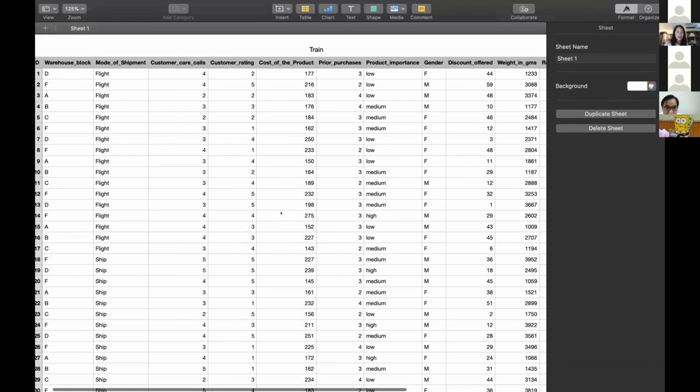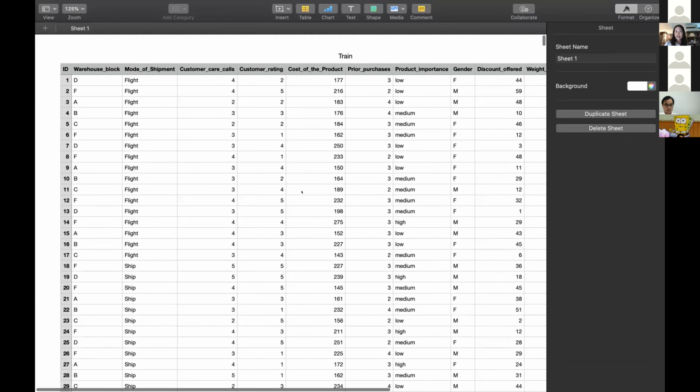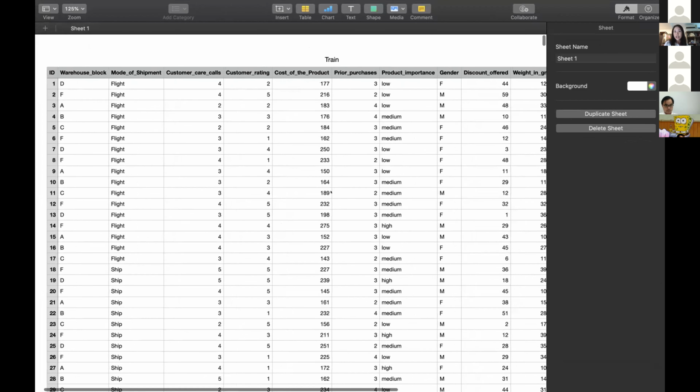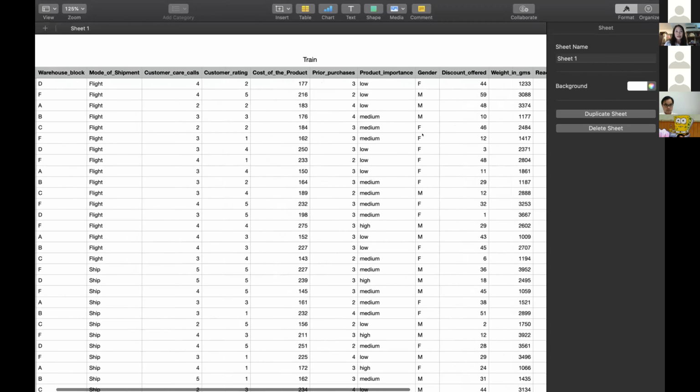And so the question I want to ask the professor is, I'm interested in some of these columns, especially gender, female and male, and whether it would affect or cause the customer rating and customer care calls, like whether it's related and proportional. I will focus on this.